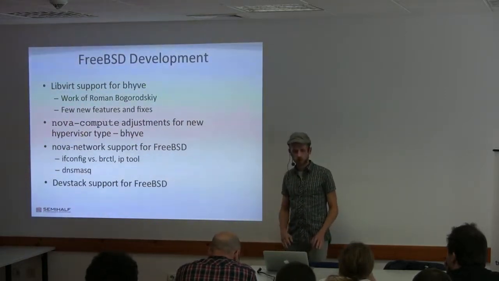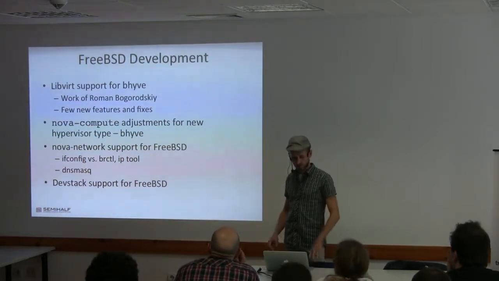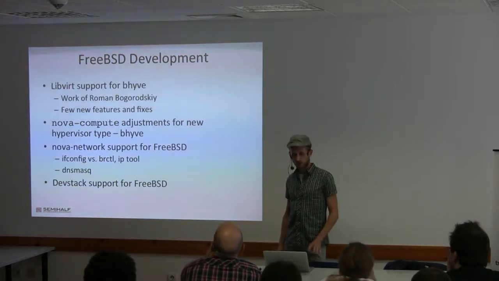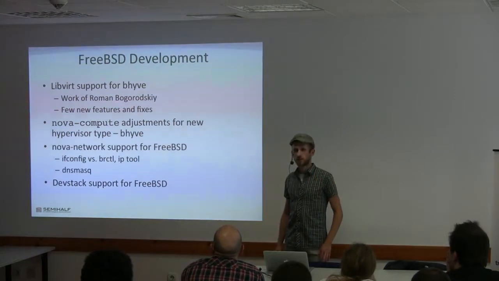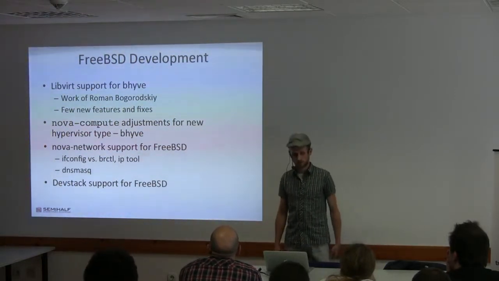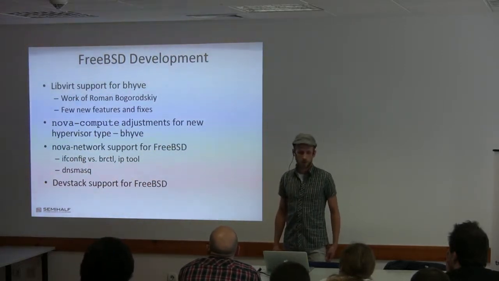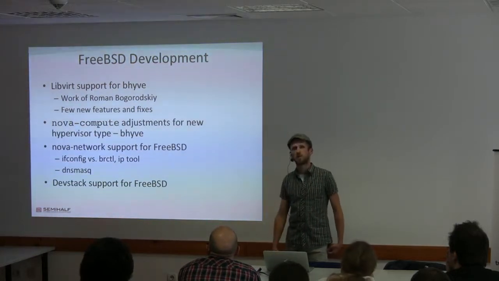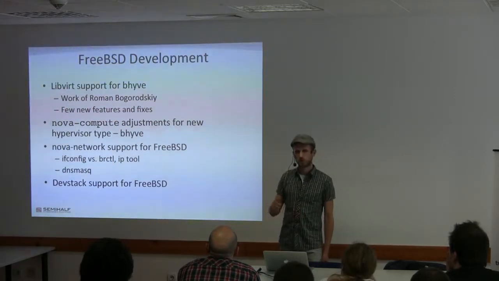Just to summarize what we did up to now in terms of development: like I said before, libvirt. It is the work of Roman Bogorodsky, I hope I pronounce it correctly. He made the initial port of the Beehive support for libvirt, and also he made some hacks around QEMU, which is also necessary for Nova compute to do some stuff like converting from one image format to another.